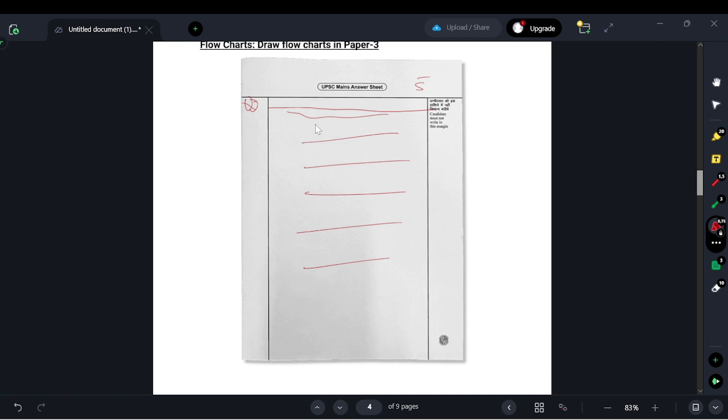If it is 10 marks, then this 1 page and 2 pages, and if it is 15 marks, they will allot you 3 pages. Obviously you will get the main question paper booklet as one sheet, but in the answer sheet also they will write the questions here.